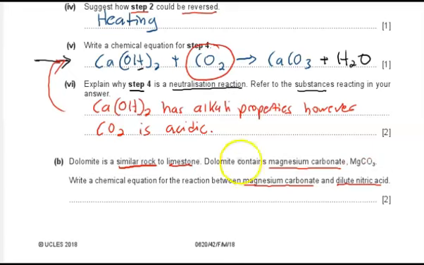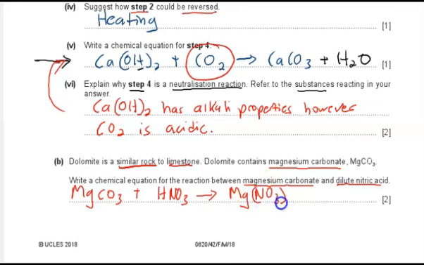So when you have a metal carbonate plus acid, you will have the salt, magnesium nitrate, and then you'll have carbon dioxide and water.